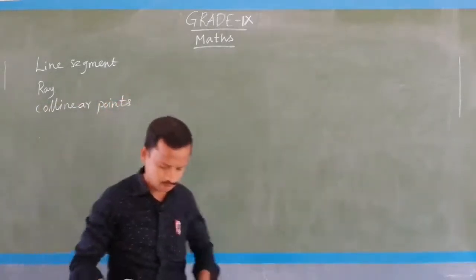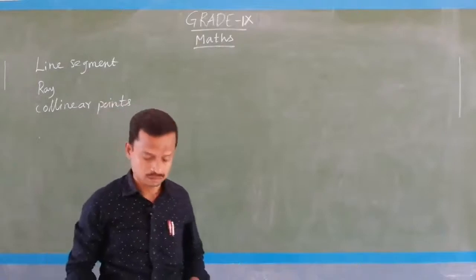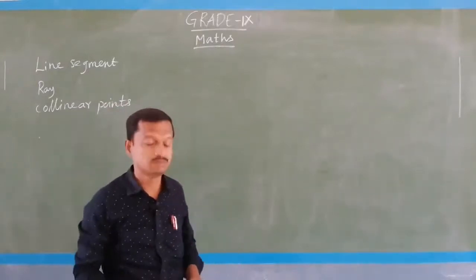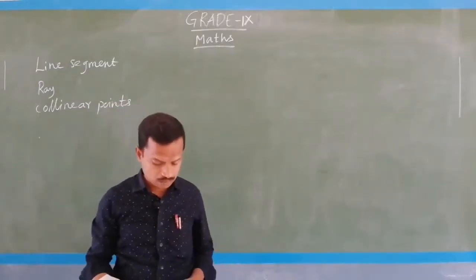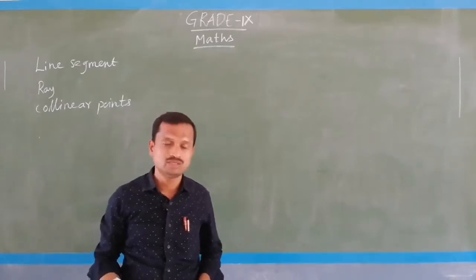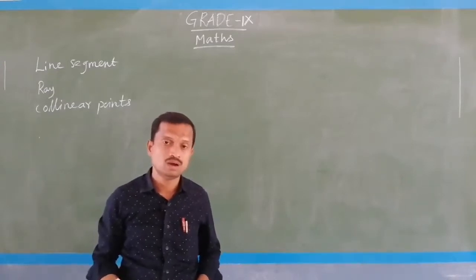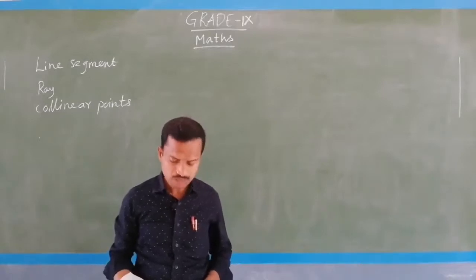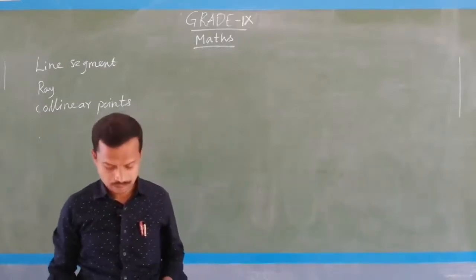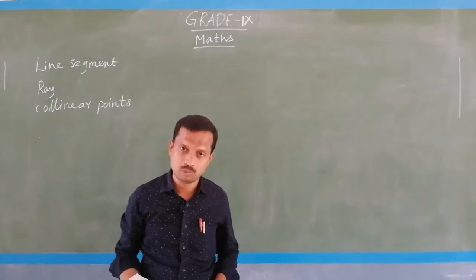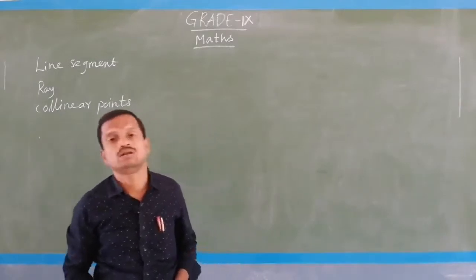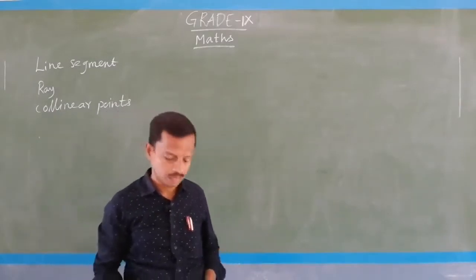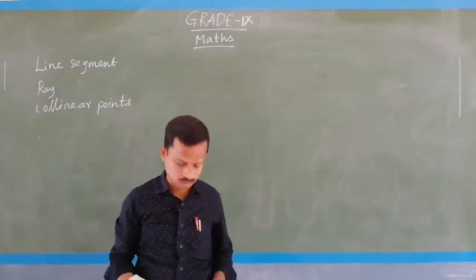In the bold letters, the terms are given, so you can see in the book. If three or more points lie on the same line, they are called collinear points, otherwise they are called non-collinear points. That also is given in the book, you take it.